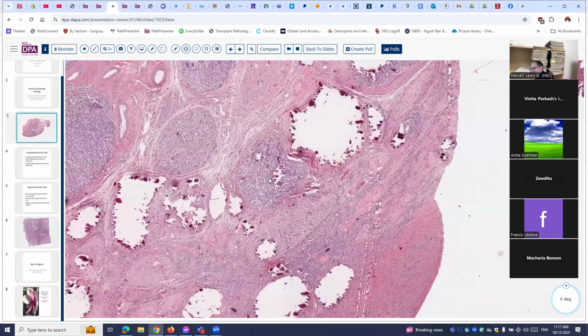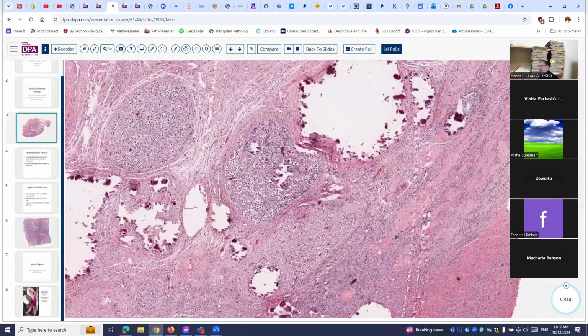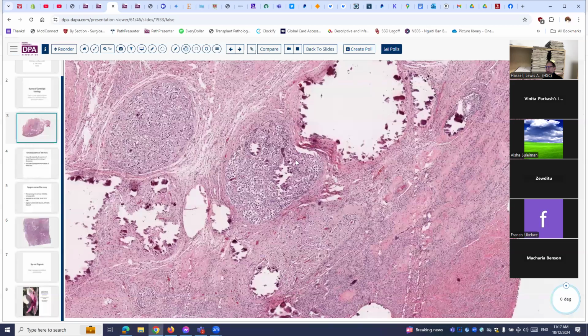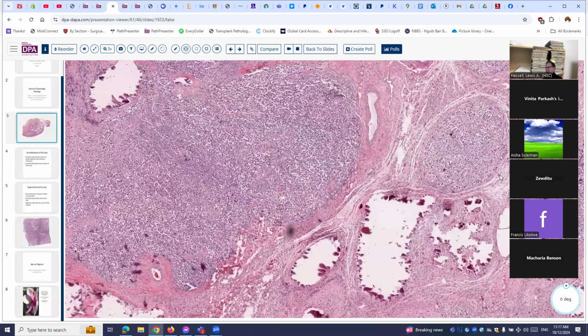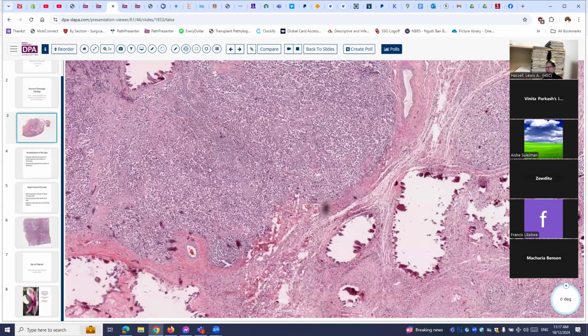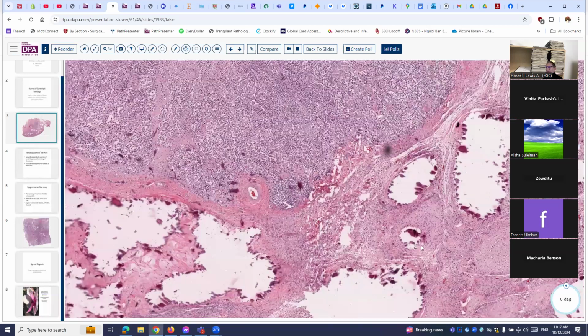I was wondering if it wasn't a gonadoblastoma, because this dysgerminoma is perhaps arising in a gonadal dysgenesis, which often has gonadoblastoma, which tends to calcify.